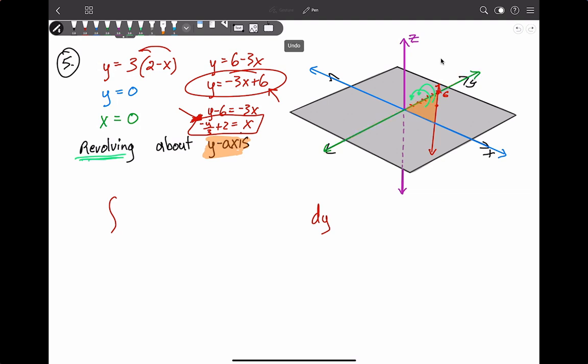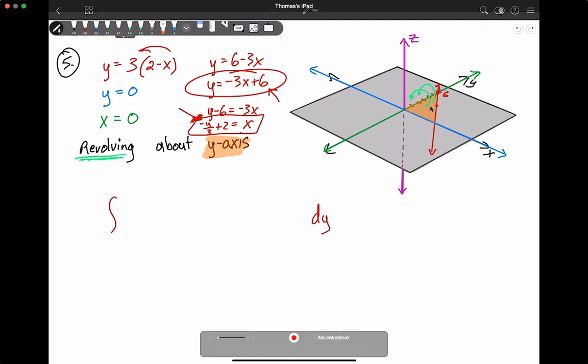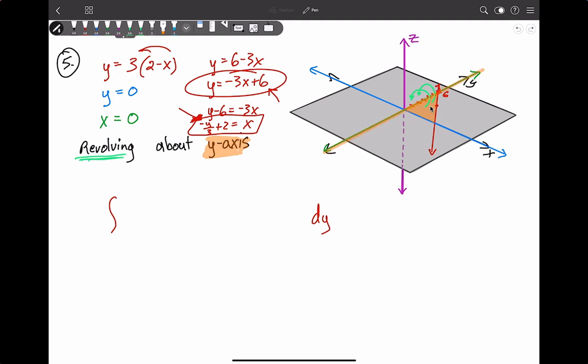And the entire shaded region is touching that axis of revolution. There are no voids, there are no gaps, so this is going to be a disk method. So it's like some kind of pi r squared. We just have to come up with what is that r.